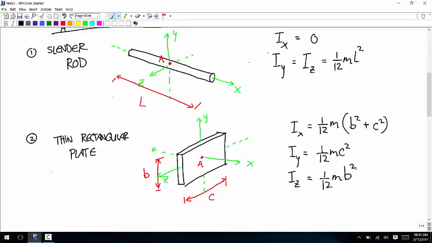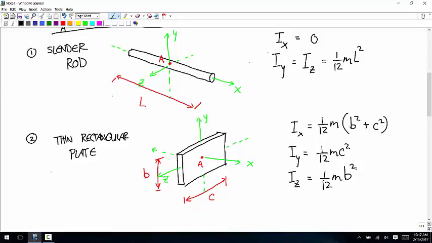You can think of these as three separate two-dimensional plane problems. For example, if this thing is rotating about the y-axis, imagine this being just a two-dimensional problem where you're looking at it from above the y-axis. What you really have is just a slender rod, because you don't care about the thickness into the page.